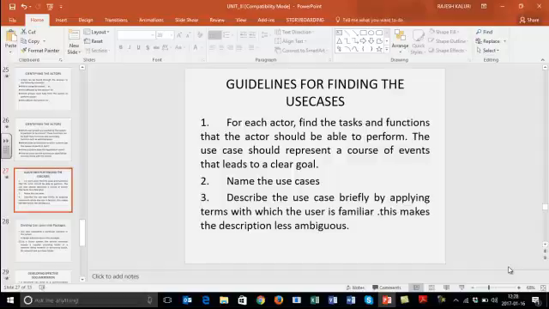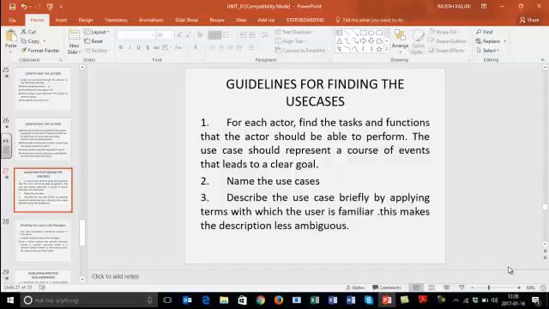Similarly, the use case should represent a course of events that leads to a clear goal. So while identifying a system, you will be identifying a set of actors, and you should be in a position to identify all the tasks which you have to give for each actor.